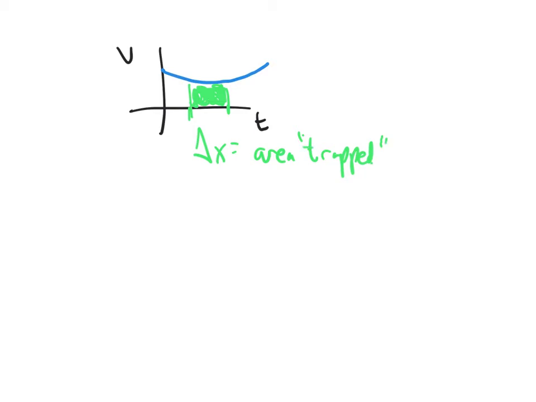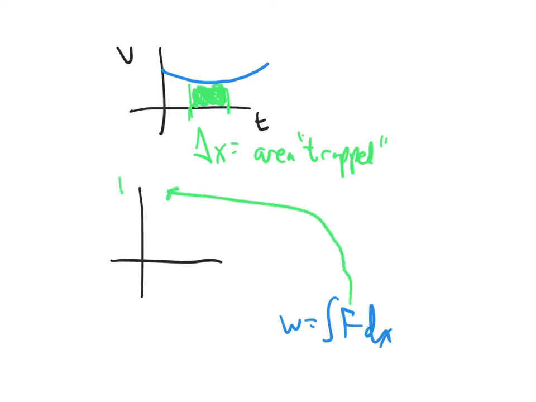So what we're saying with our new calculus is that when we say the work is the integral of F dx, it tells me that the vertical axis is F, and the horizontal axis is x.